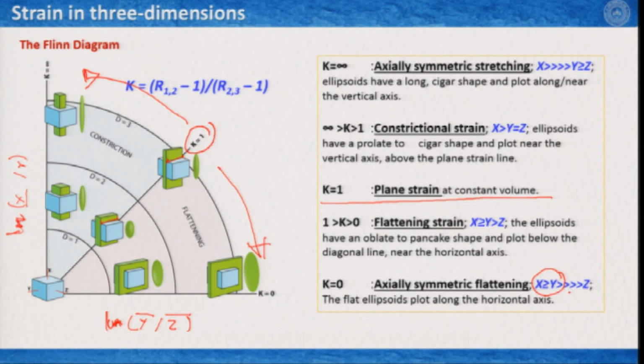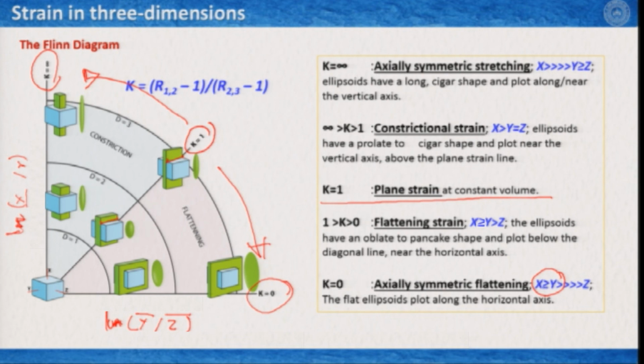Therefore, you would produce something like a pancake or a flattened disc. So, if I go towards this side, k equal to infinity, then I produce rocks characteristically with linear features, and if I come to this side, k equal to 0, the deformed rock would show a lot of flattened or disc-shaped objects.